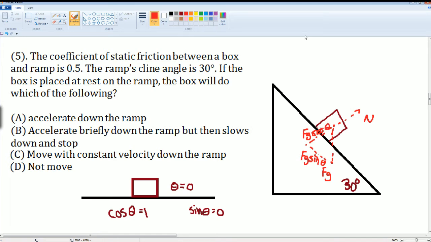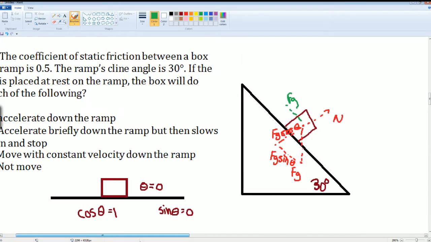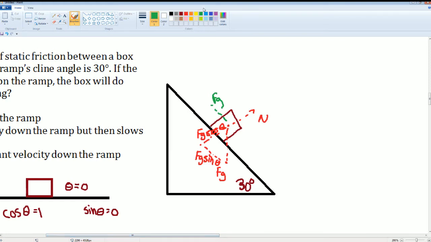And there's something holding it back. If you set up the force net equation here, and you want to see what the acceleration is, watch what happens.